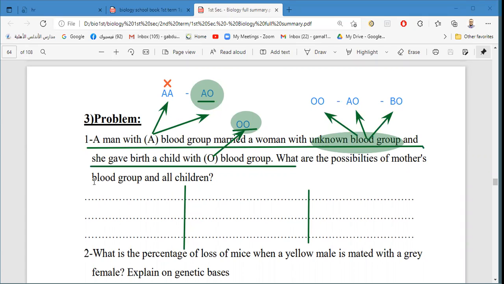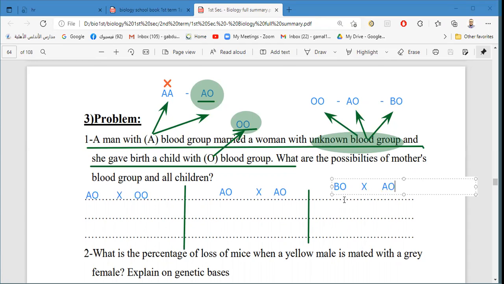Here we can make this marriage between AO and OO. They can give an O child. And here we also have AO married to AO also. And here we have BO can marry AO.